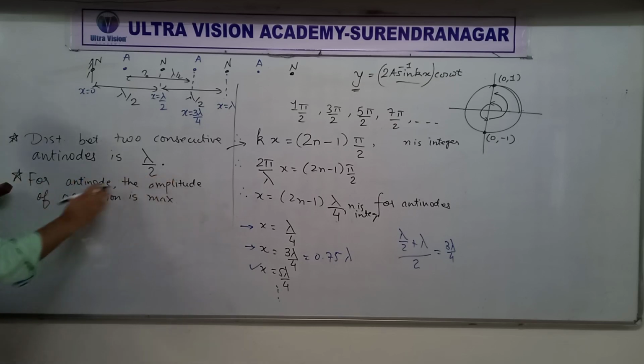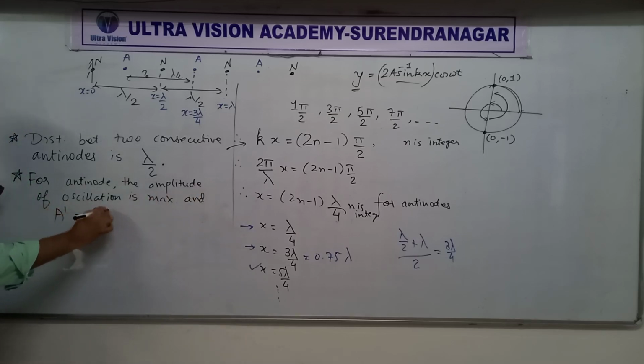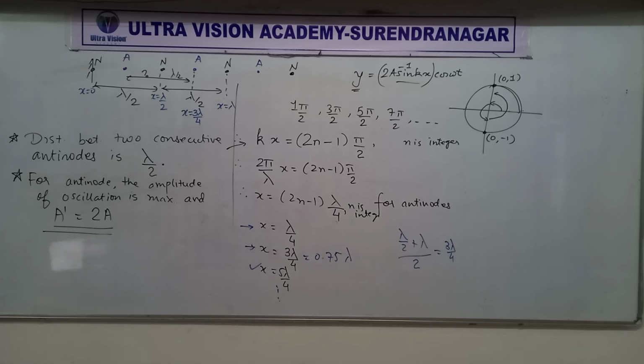For antinode, the amplitude of oscillation is maximum and A dash equals 2A. Did you understand? 2A, not A. That's the deceptive part. A dash equals 2A, not A. For what point? For antinode. Don't use that for every point. Only for antinode, A dash is equal to 2A. Okay?